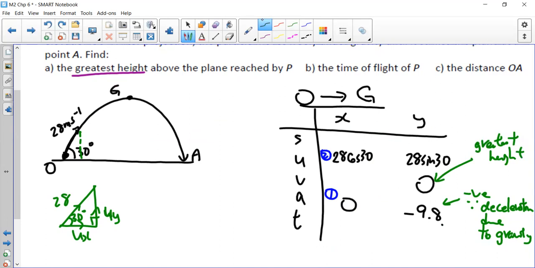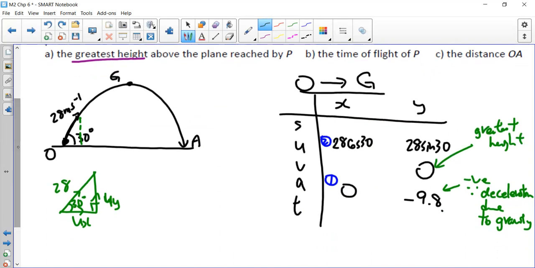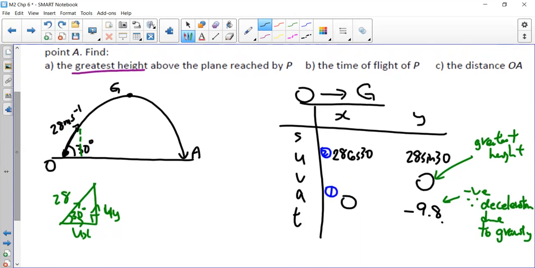Right. So as I said, we need 3 pieces of information to work out SUVA. The question is, which variable do they want us to find? The greatest height above the plane reached by P. So height is about distance. Above the plane, greatest height is about the vertical. So SY.